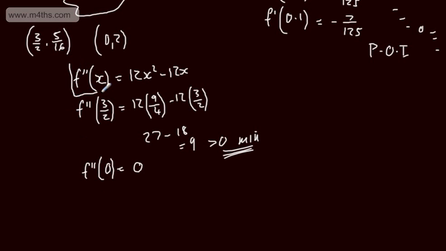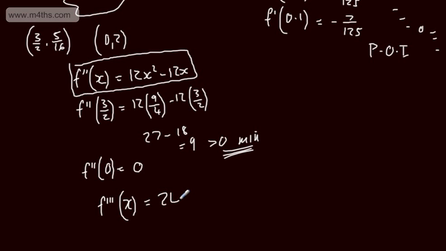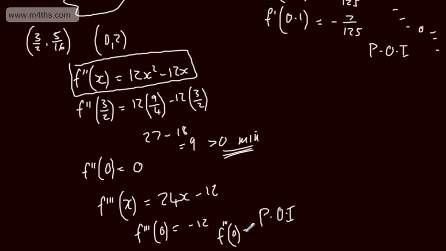The third derivative, f triple dashed or d3y by dx cubed, is going to be 24x minus 12. So if we evaluate f triple dashed of 0, that's going to give me minus 12. If this doesn't equal 0, we've got a point of inflection. So we can say f triple dashed of 0 does not equal 0.